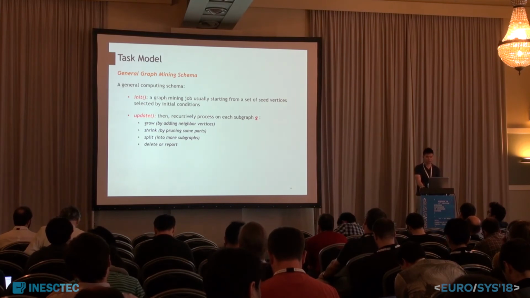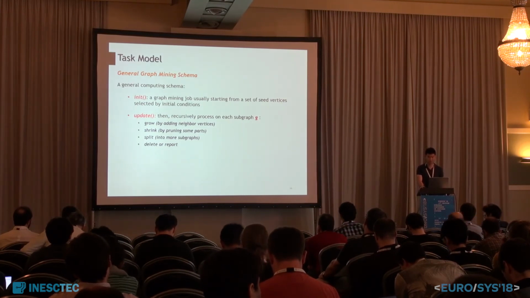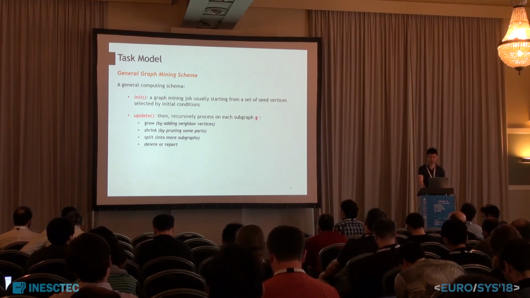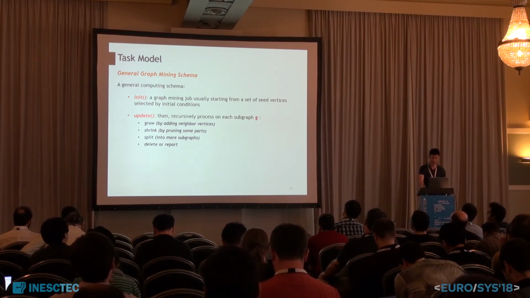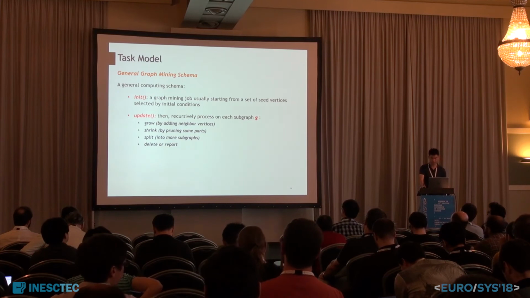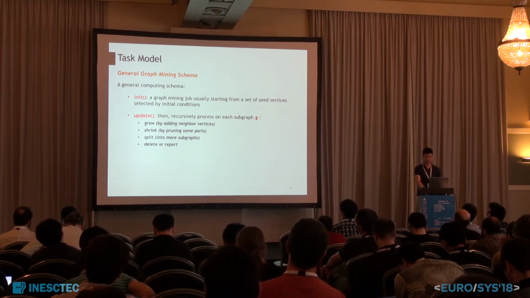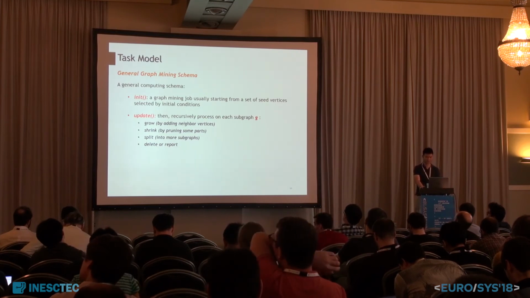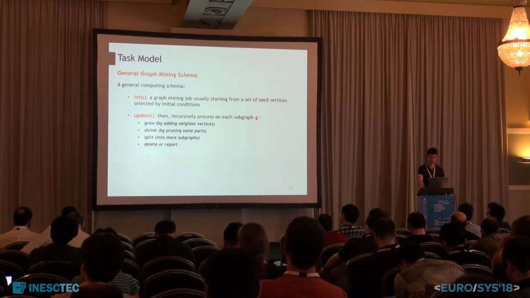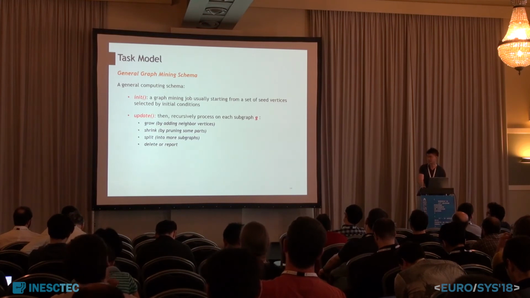So we summarized the above algorithms and proposed a general schema. Init is used to generate the seed vertices from some initial vertices, and update is to recursively process on each subgraph G, for example, to grow the current subgraph, or shrink, or split, or delete it if the subgraph is pruned out.